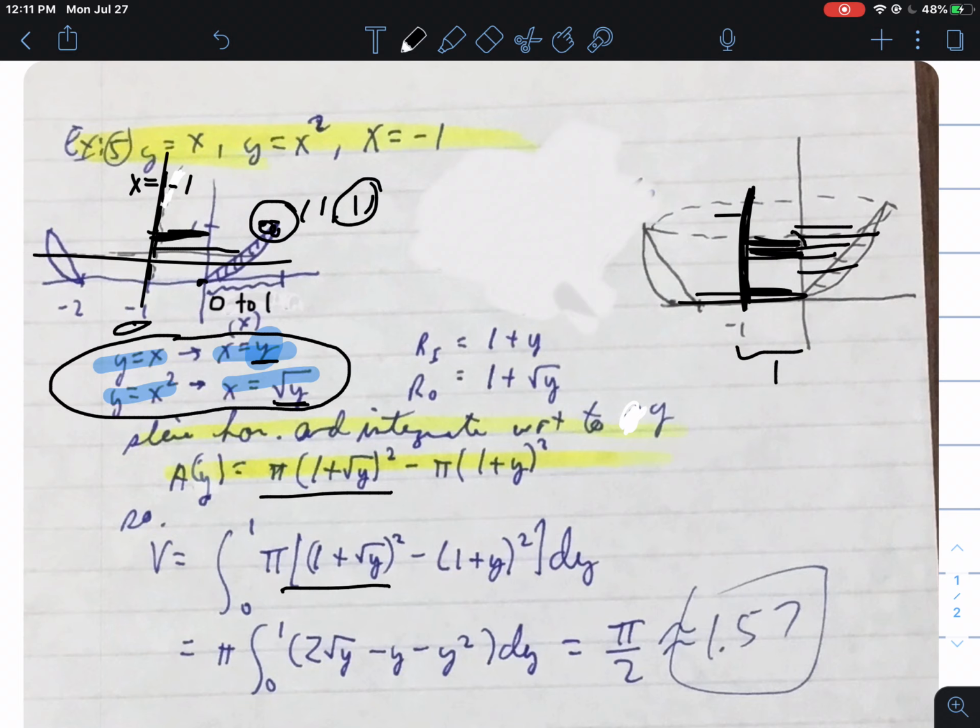Pi times the outer radius squared minus pi times the inner radius squared. There's our area function, and then we'll integrate from 0 to 1. And I just rewrote that again by factoring out the pi like I did before. But either way, you can put all of this in as your integrand. That's fine, whichever way you prefer. And you would again get pi over 2 if you did an exact evaluation on this, but approximately 1.57, that's fine. Okay.